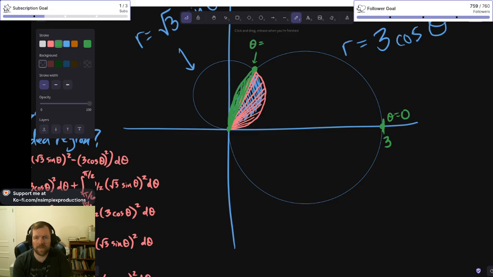We need to know what theta is equal to for each of these particular functions, because it doesn't have to be the same.